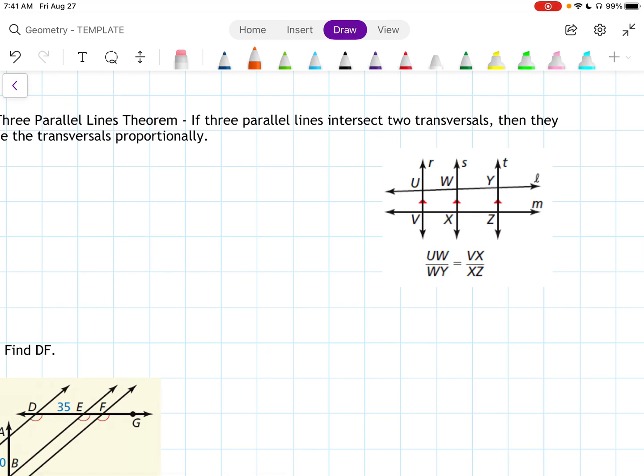R, S, and T are all parallel. So here we have UW is this, WY is this here, and then VX is here, and XZ is there. Okay, so they took from the same transversal the first piece and then the second piece. Then they go to the other one, and they go back to the first and the second.